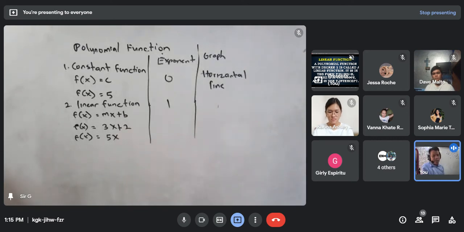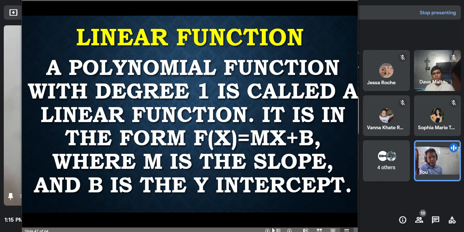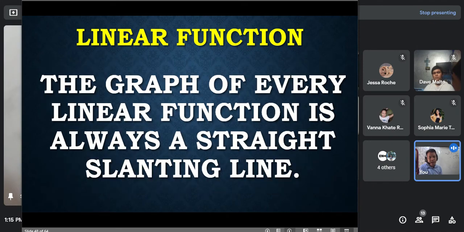And also, sabi dito, tingin kayo sa PowerPoint presentation. The graph of every linear function is always a straight slanting line. So, ang graph nito is straight slanting line. So, pag sinabi natin straight slanting line, ito is pa-diagonal.